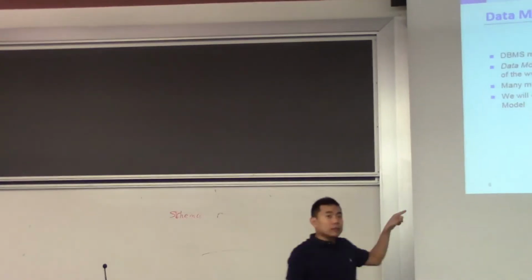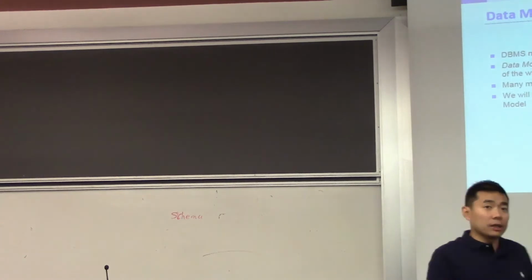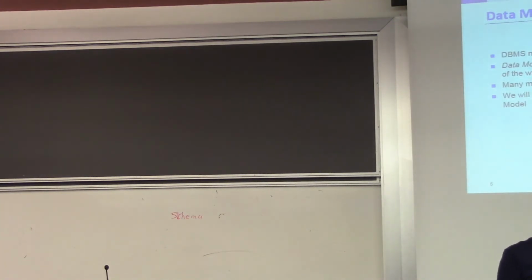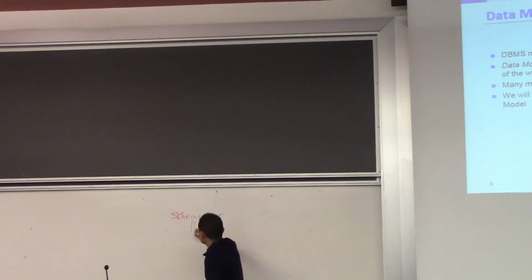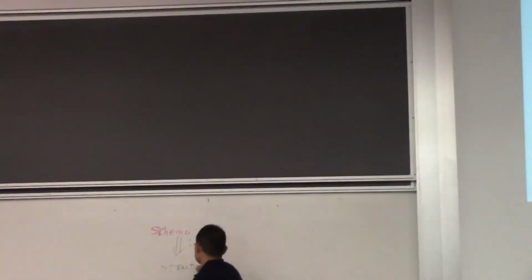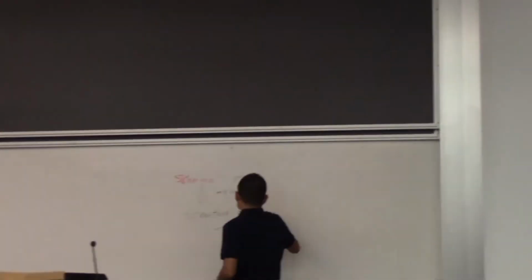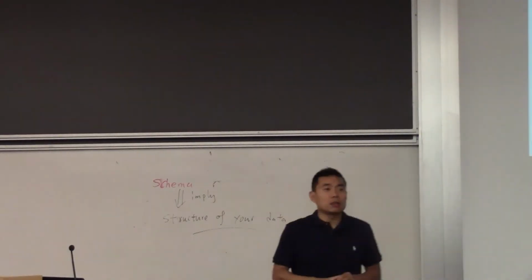What's so important, it looks like a really simple model, but what's important to note is once you have these schemas defined in this particular format, you can actually imply the structure of your data. So what do I mean by that? What do I mean by structure of your data?